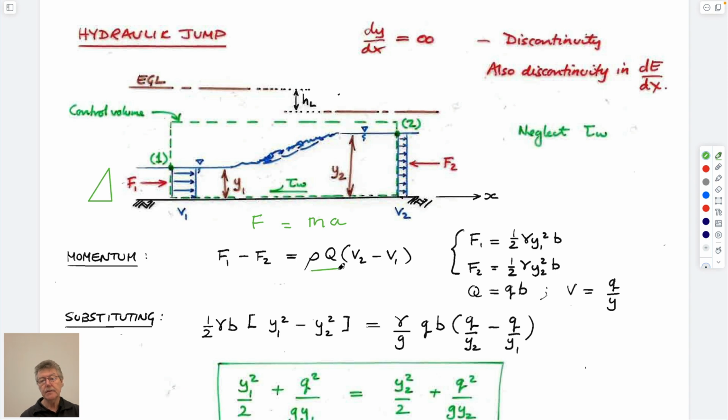This here is mass flow rate, this is velocity, and this is force. And so all we need to do is take the force diagrams upstream and downstream. So I'll just explain where the terms come from. And so force 1 would be this. I guess it's useful because we're actually using everything we've used or derived in this class.